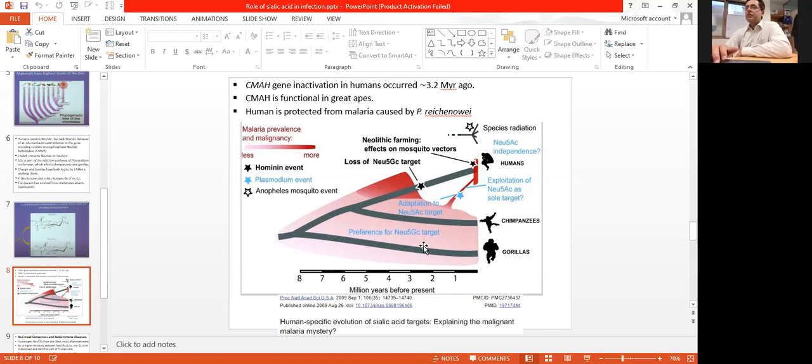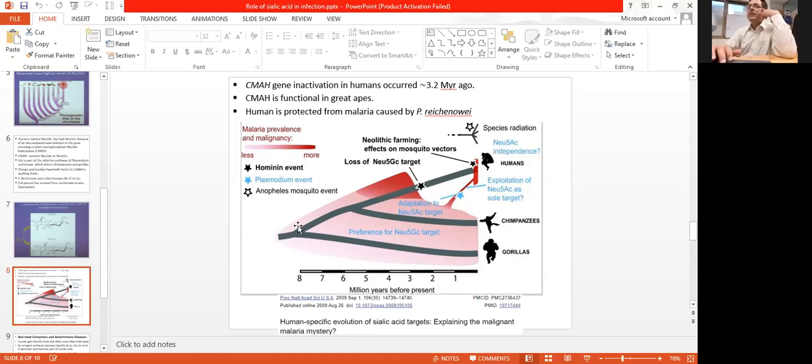This evolutionary story is being depicted in this picture. So where did we evolve this trait? The CMAH gene was inactivated right here during hominin evolution. The loss of Neu5Gc target happened here.